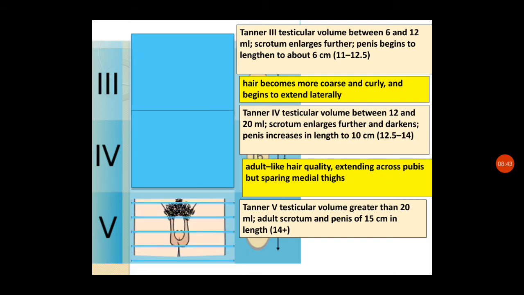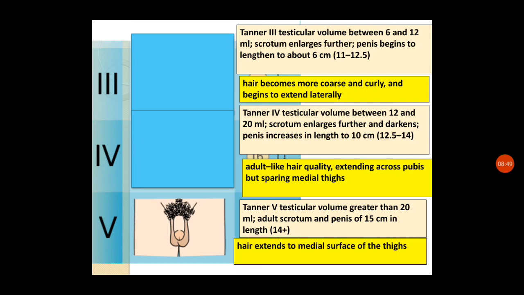Regarding Tanner stage 5, that is the final stage, the testicular volume will be greater than 20 ml, with an adult scrotum and a penis of 15 cm in length, and it will be seen at 14 years plus. Here the hair will be extending to the medial surface of the thigh. So this is about stage 5.